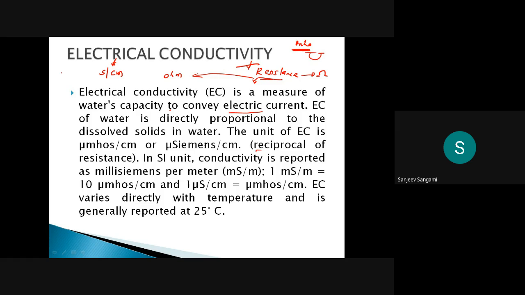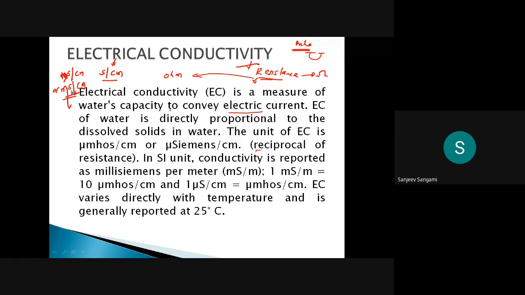Sometimes it will be millisiemens per centimeter, or microsiemens per centimeter. Sometimes it is measured in mho, or in Siemens per centimeter.